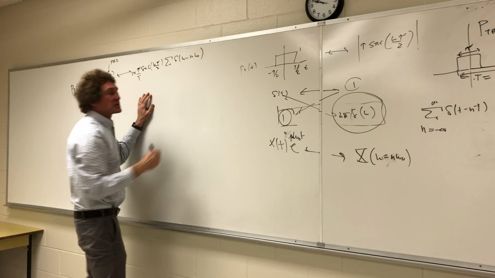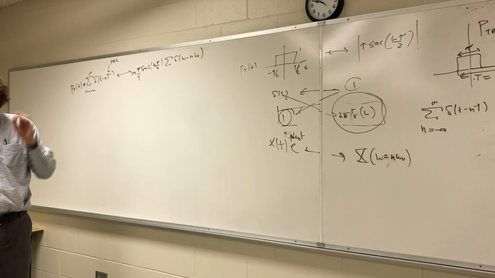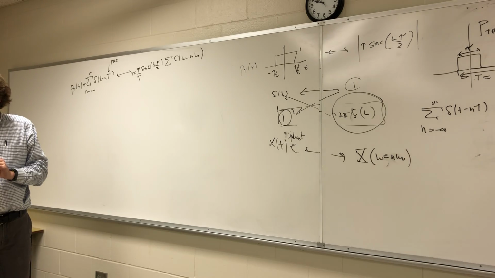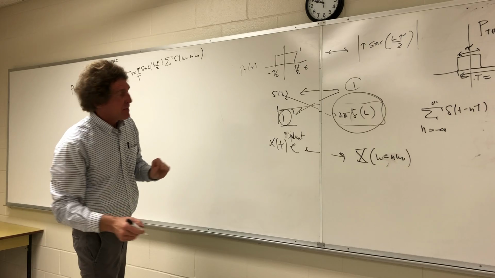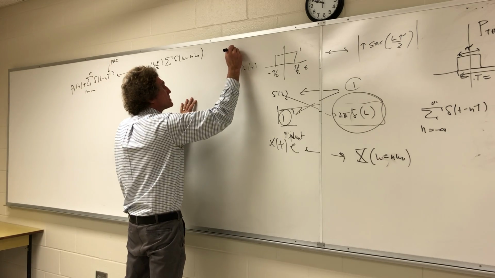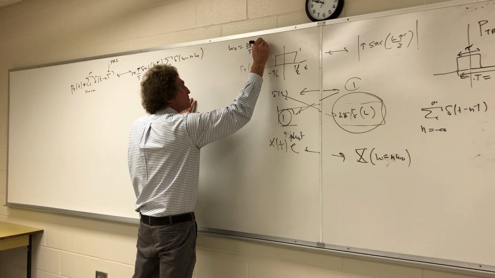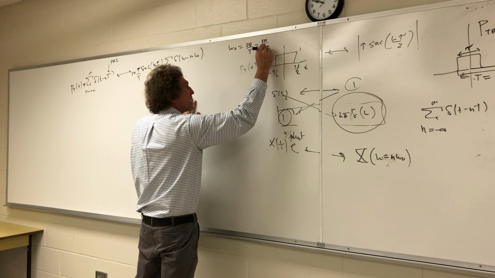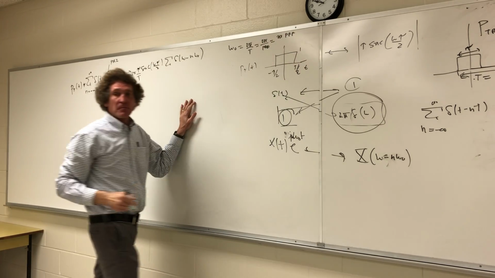And omega naught there is 2 pi times the pulse repetition frequency. Got me? Omega naught is equal to 2 pi over T, or 2 pi over PRI, or 2 pi times PRF. They're all the same. Are you with me?